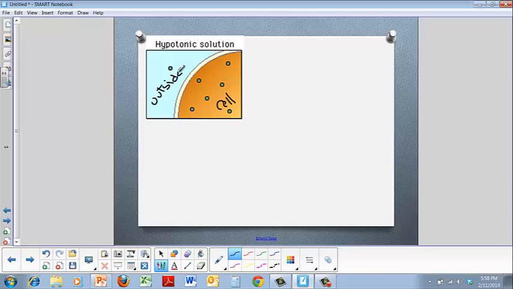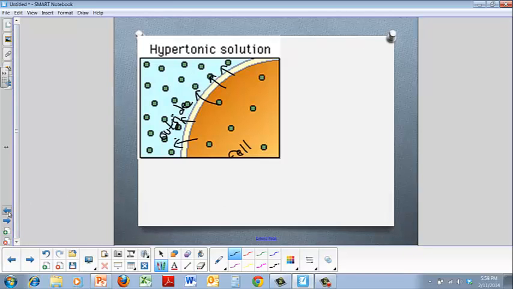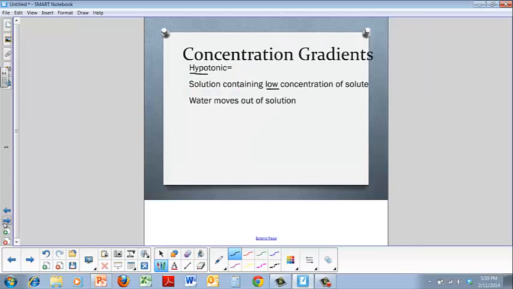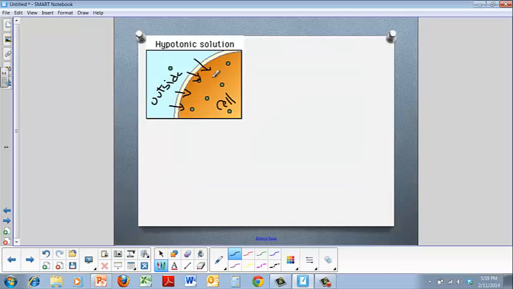Therefore, it's hypotonic. So that solution out here is hypotonic. And when that's the case, water is going to move away from the hypotonic solution. In this case, it's going to go inside of our cells. So this is the opposite of what happens with hypertonic, where the water is going to leave. In hypotonic solutions, water is going to enter because it's going to move away from the hypotonic solution.